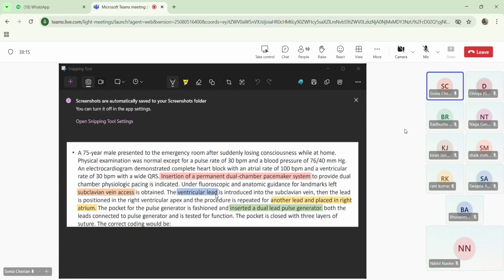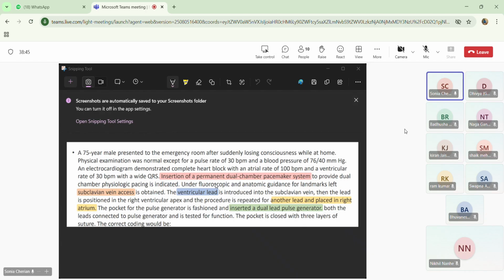The procedure is repeated for another lead, placed in the right atrium. So now you can see they have placed leads in the right atrium as well as the right ventricle. Now they create a pocket. The pocket for the pulse generator is fashioned and a dual lead pulse generator inserted. Both leads are connected to the pulse generator and tested for function. This testing is inclusive to the CPT. The pocket is closed with three layers of suture.